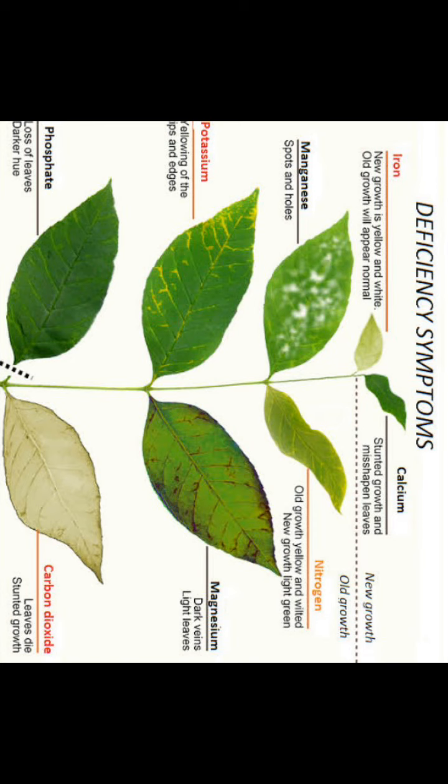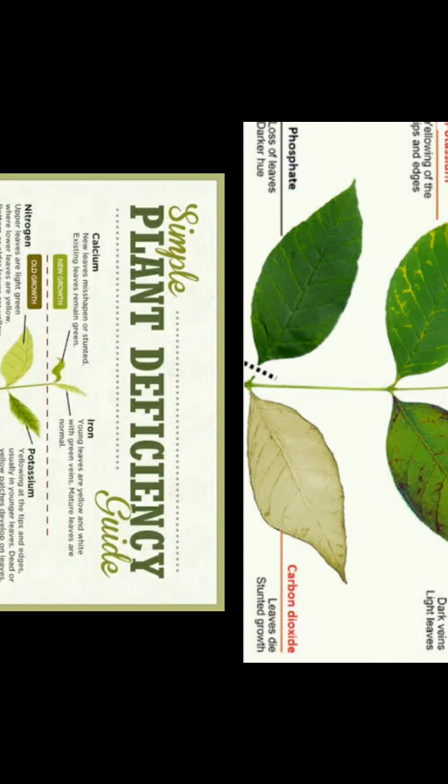You can see on the screen different mineral nutrients and their deficiency roles in the plant. However, if deprivation continues, it may eventually lead to the death of the plant. So the parts of the plants that show the deficiency symptoms also depend upon the mobility of the element in the plant.